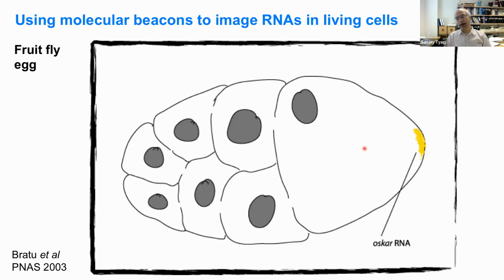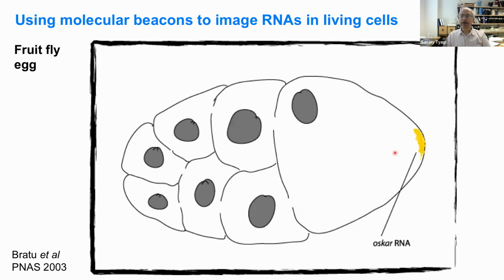This was described by Ruth Lehmann in the early 90s: fruit fly eggs have a number of RNAs that are localized even before fertilization takes place. And these RNAs will decide the geometry of the organism when it develops.